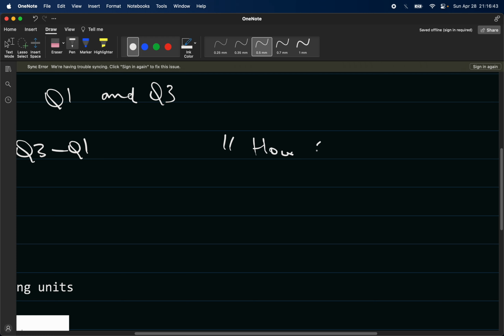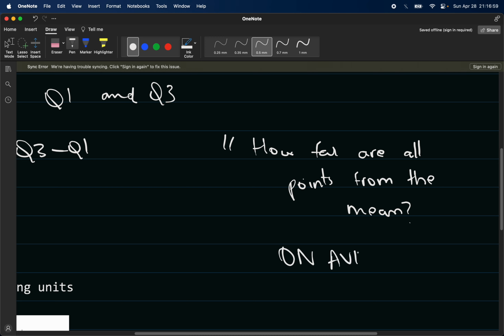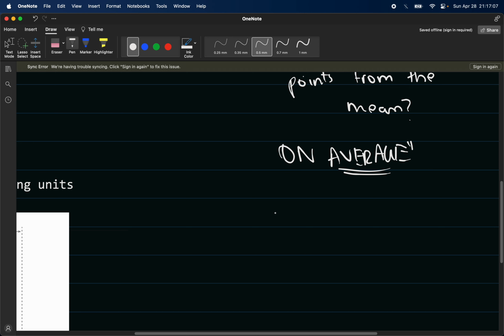How far are all points from the mean, on average. So this word on average is important.